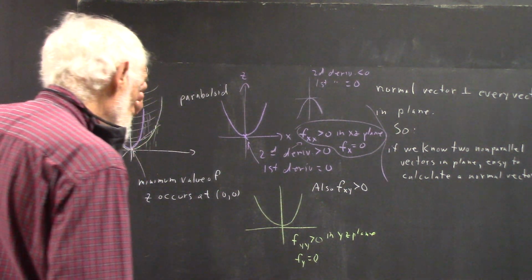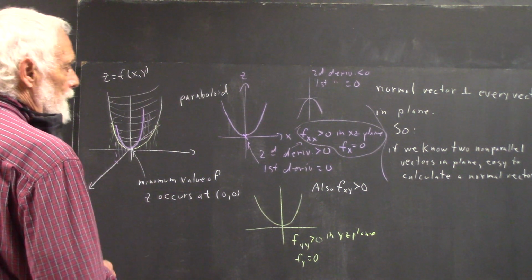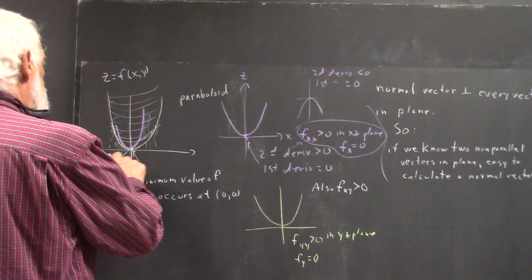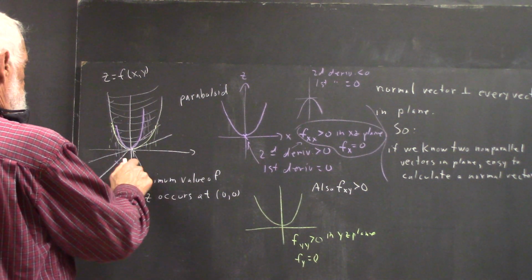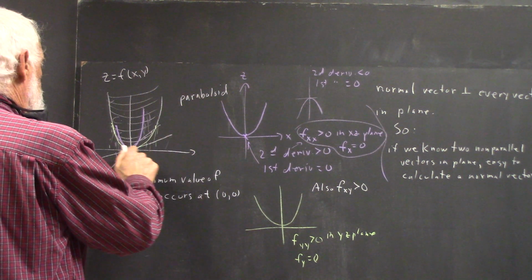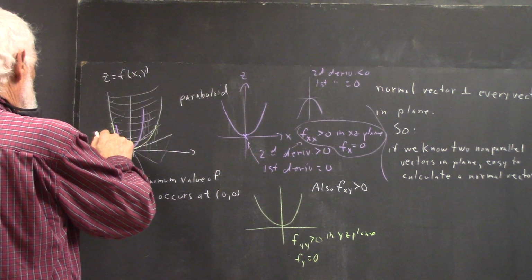What does fxy mean? Well, if fxy was 0, that means that the thing would be flat along this line in the xy plane and this line here in the xy plane.